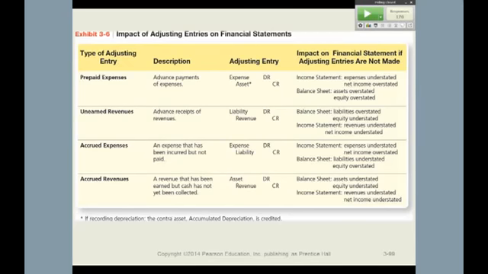So accruals are unrecorded, and you have to wait until you get a document or information. The same thing is true with an accrued expense: you don't have the information until you get a utility bill or someone sends you an invoice. So when you're looking at the prepaids and the unearned revenues, those accounts require that you look at a balance in an existing account.